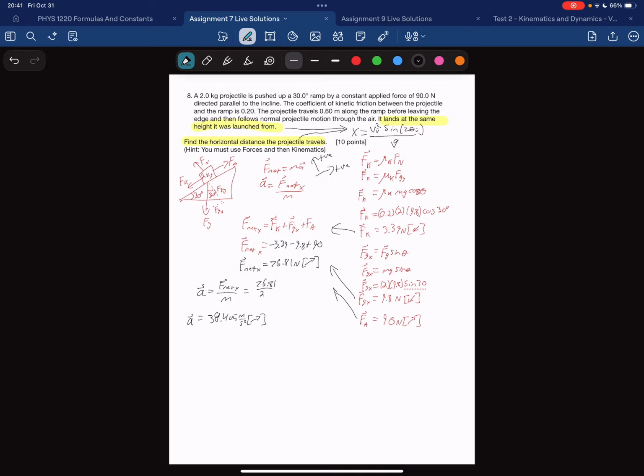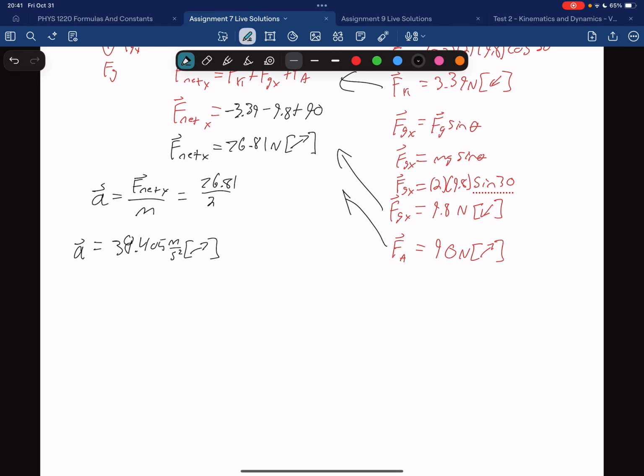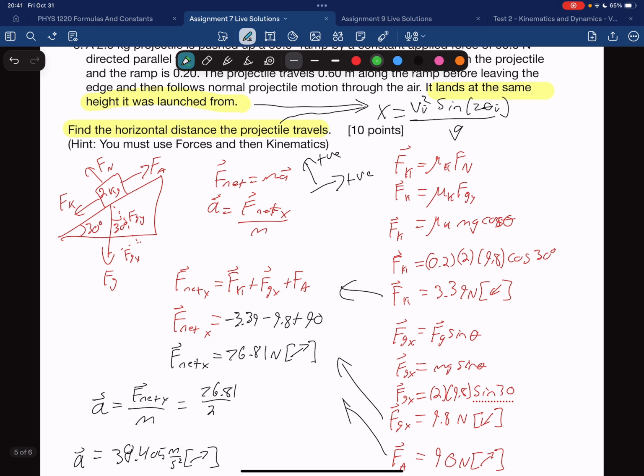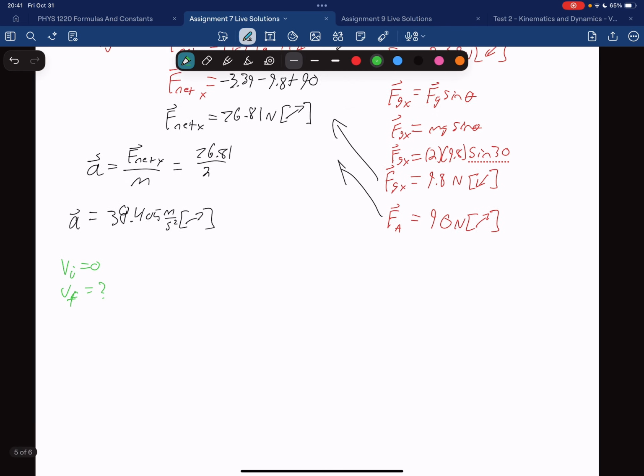So we are going to say that this starts at rest. So VI equals 0. VF is what we're looking for. VF is the final velocity after it accelerates as it's leaving the ramp.